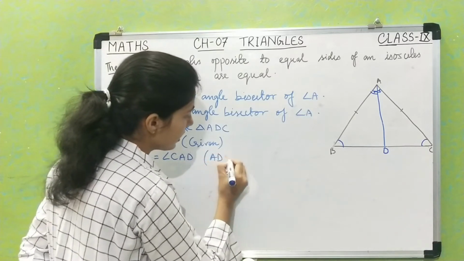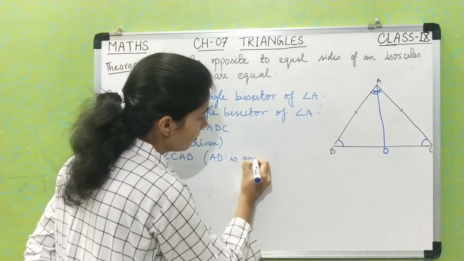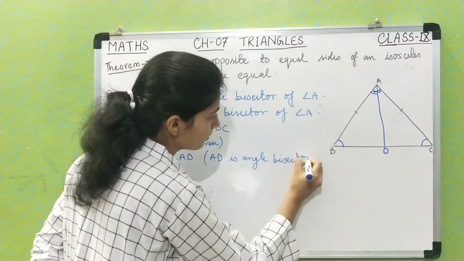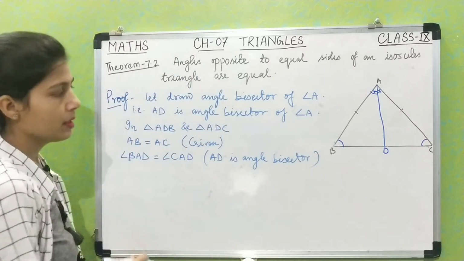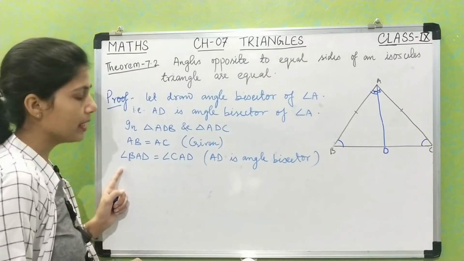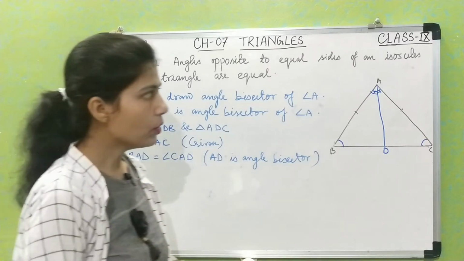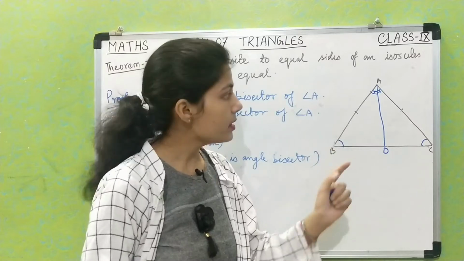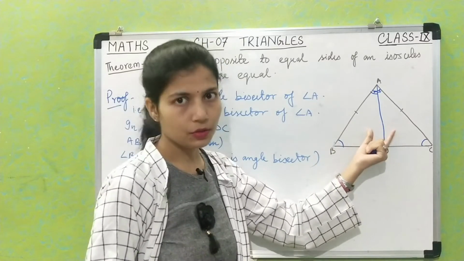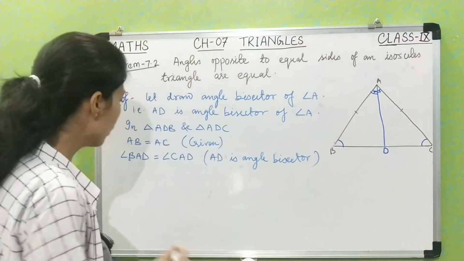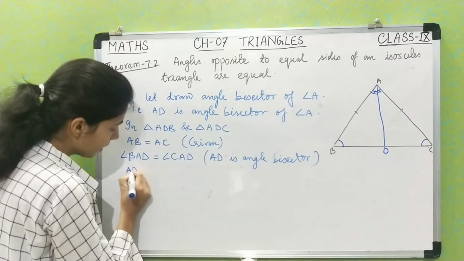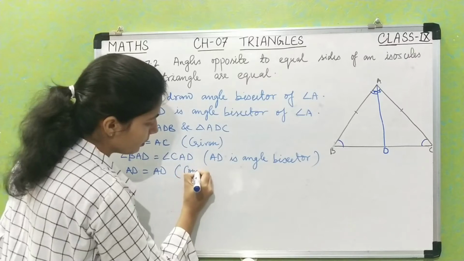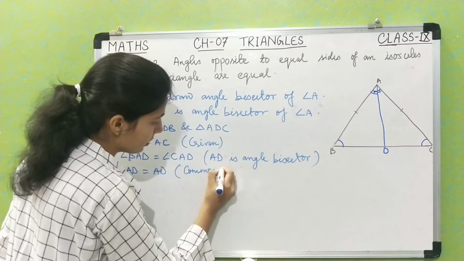Because AD is here the angle bisector. Okay, so one side and one angle. Now one more. AD is the common side for these two triangles, so obviously it will be equal. So AD equals AD because it's common between these two triangles.